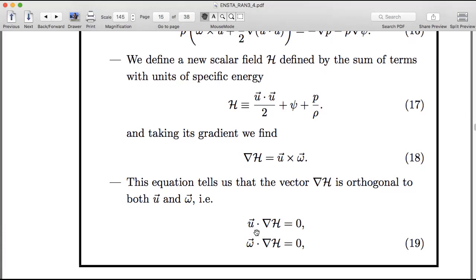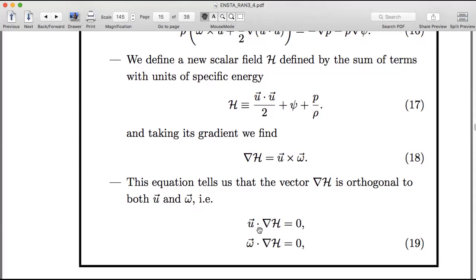And what that means, remember, this is a steady flow, so you could imagine taking a path through the fluid that's always parallel to the velocity. That would be a streamline, but it would also be the path line of any particle that is advected through the flow, a passive test particle that flows along with the flow.